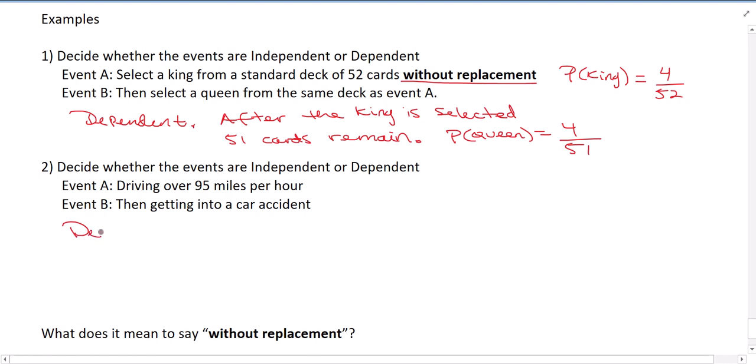So we will say that these are also dependent, and this is subjective probability. Remember, subjective probability is when we decide a probability based on experience, intuition, an educated guess, things like that.